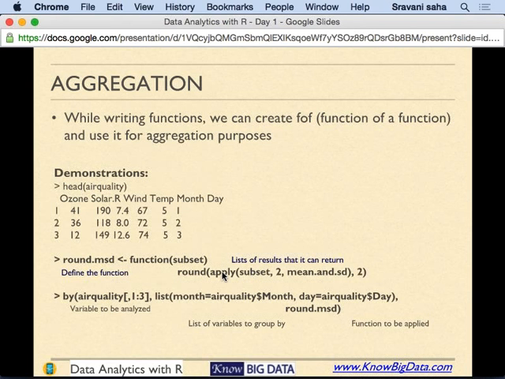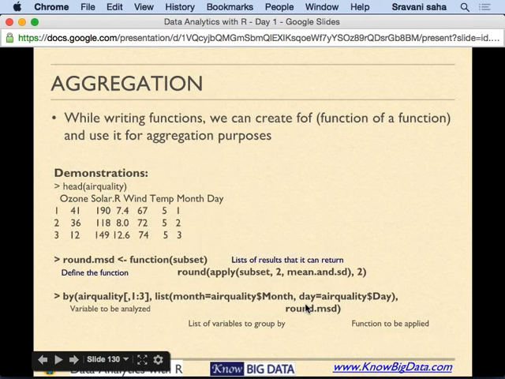You can do the same aggregation using your own function, like round.msd we are defining here. We are saying please group my air quality data by a combination of month and day, pick up only these three columns, group it by these two columns, and then round the data during aggregation.